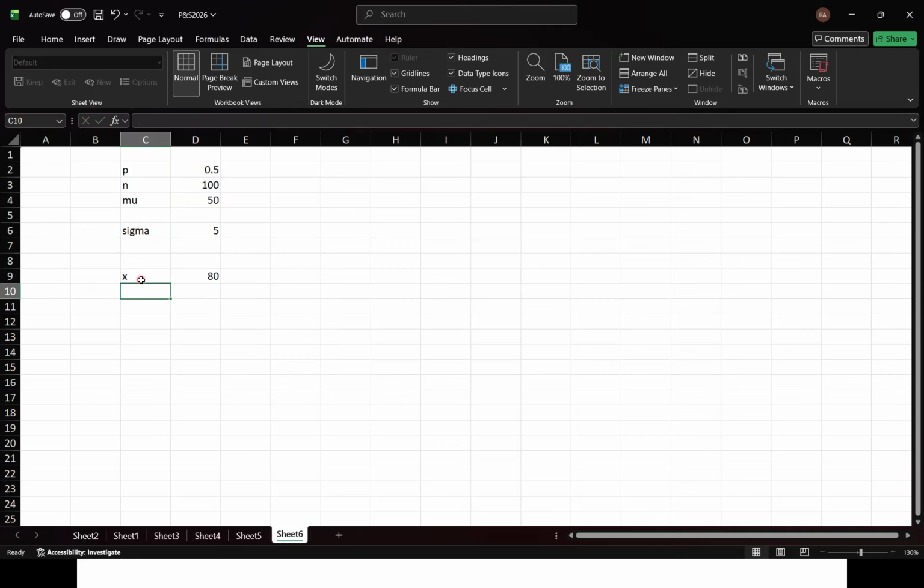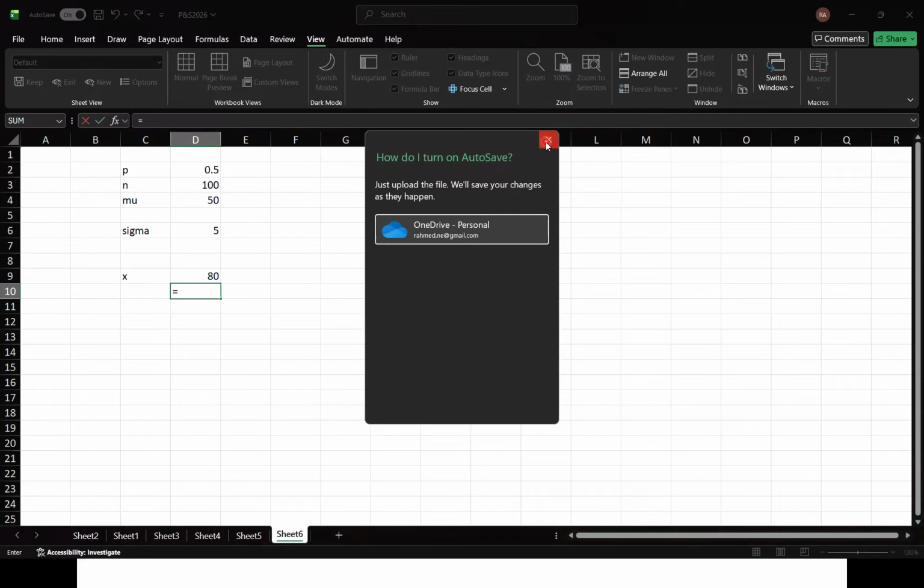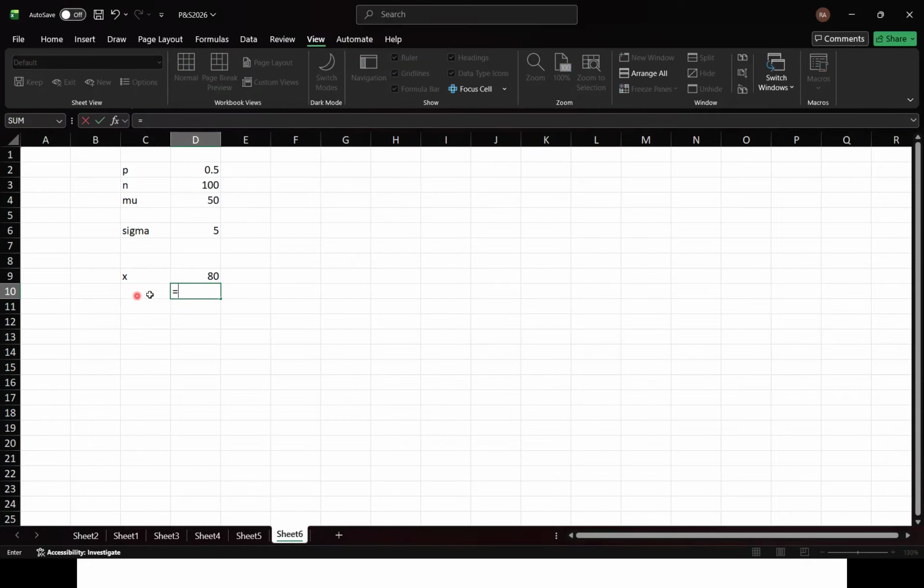If I would like to get the probability beyond the value x equal to 80, let's use this modality. First, by binomial distribution. As a matter of software, it is not a big deal.